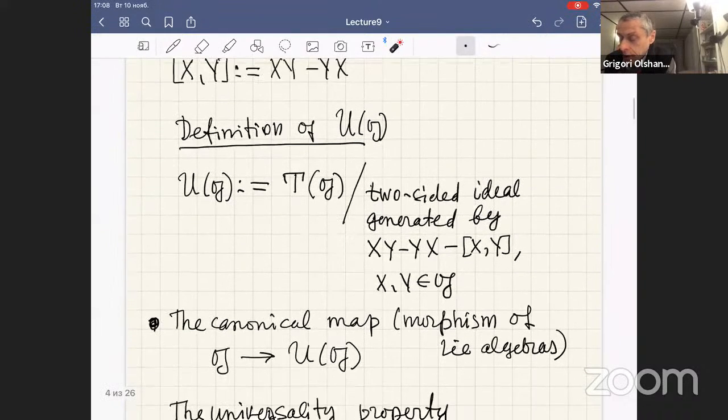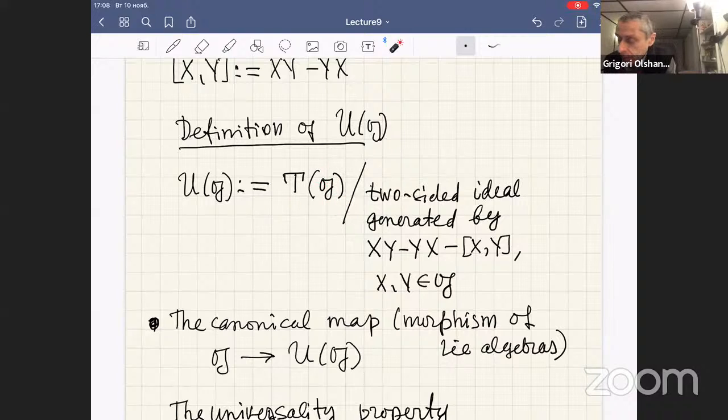And now the definition of a universal enveloping algebra. So assume that G is again some Lie algebra, and the universal enveloping algebra is an associative algebra, which is defined as follows. Take the tensor algebra of the vector space G, so here we don't need any additional structure.